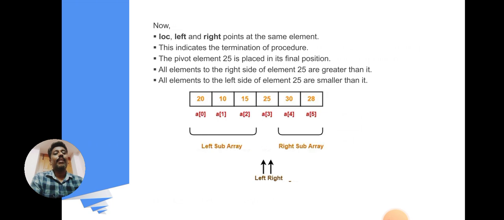The left side of the pivot has values less than the pivot element, and the right side of the pivot position has values greater than the pivot element. We have chosen 25 as the pivot value; values less than 25 are placed in A of 0, A of 1 and A of 2. Values greater than the pivot element are placed in A of 4 and A of 5.